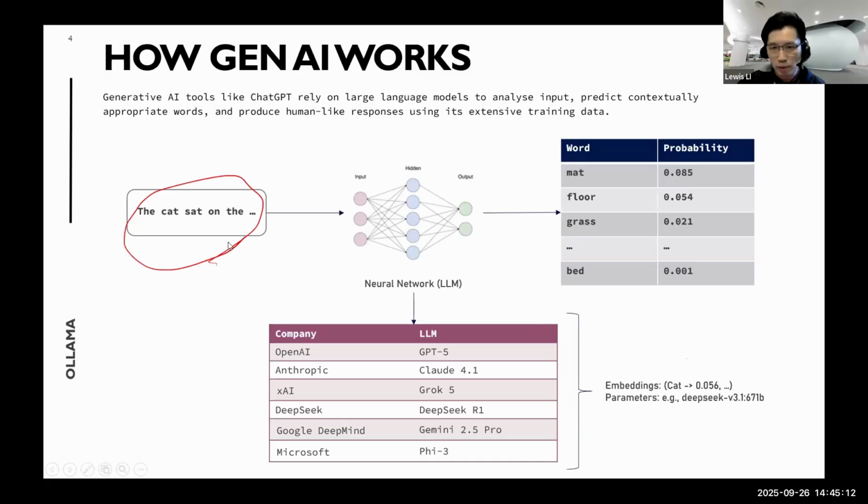For example, the cat will be represented by this number, the sat will be represented by another number. Within the LLM, there are many parameters. You can think of a parameter like a neuron in the human brain, which analyzes these numbers and finds the most relevant number that is close to this text.